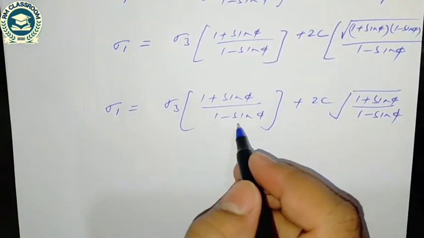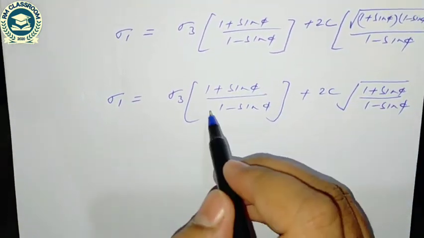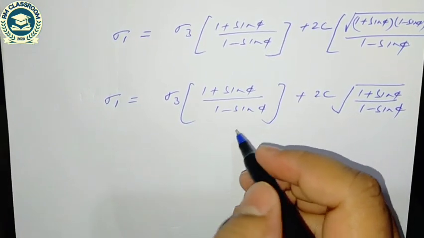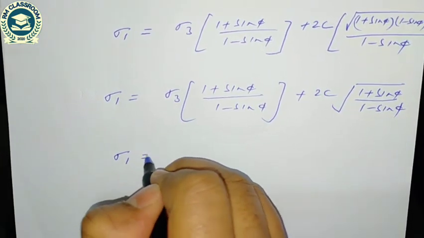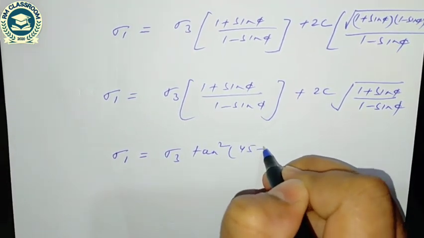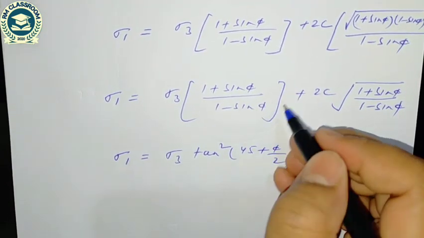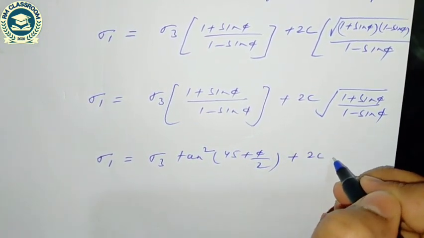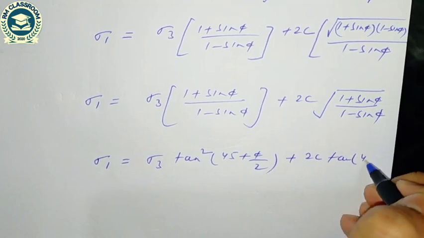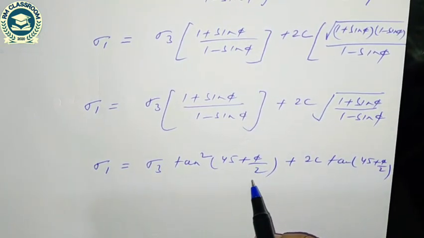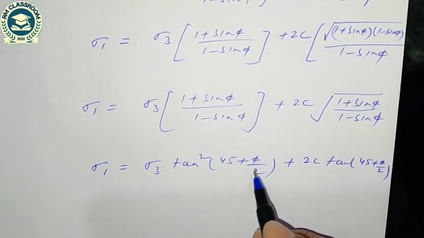And we know that 1 plus sin phi by 1 minus sin phi is the passive earth pressure coefficient, which can also be written as tan square 45 plus phi by 2. So sigma 1 is equal to sigma 3 tan square 45 plus phi by 2. If you rationalize this, it will come as tan square 45 plus phi by 2 plus 2C tan 45 plus phi by 2. And we have seen 45 plus phi by 2 is the critical angle or failure angle.